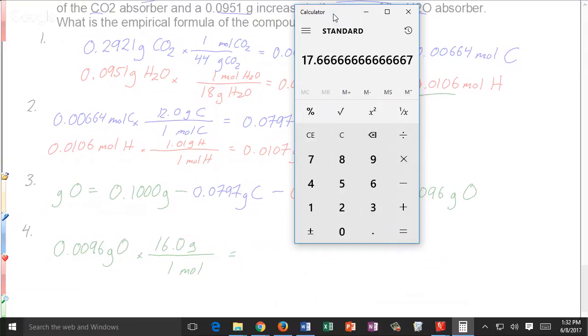And then O1, because we divided that by 1. So assuming we did everything right, we've got to multiply this to get it to a whole number. If we multiply that by, say, 3, we get 53. So we could say this is C33H53O3.